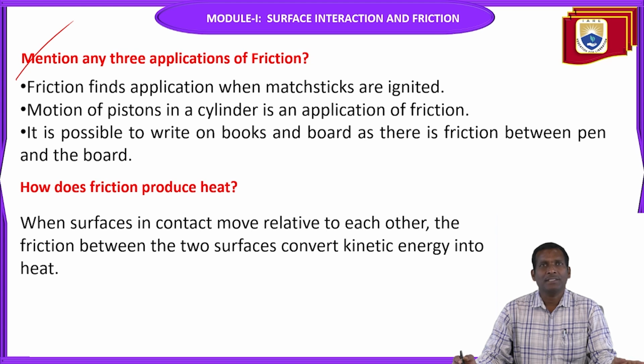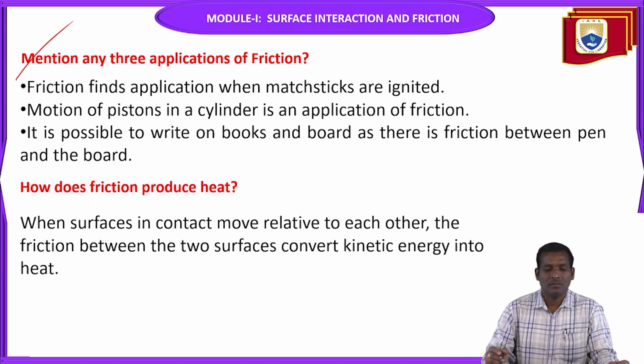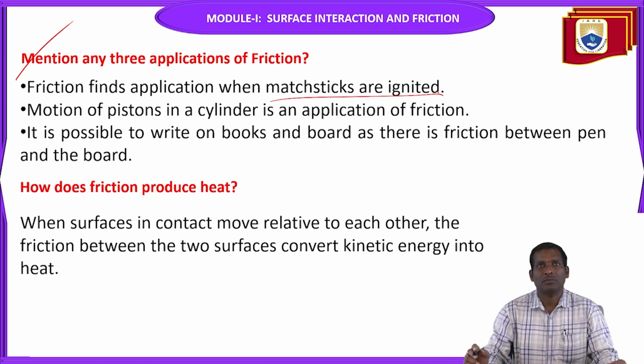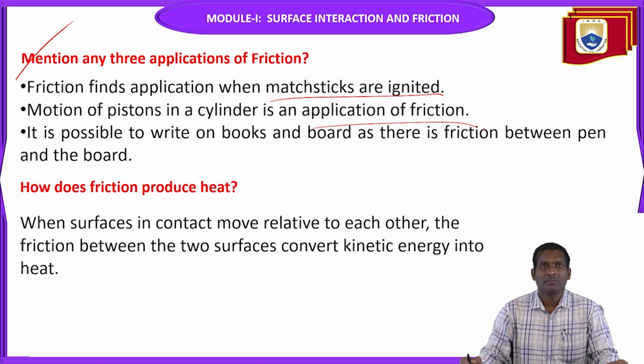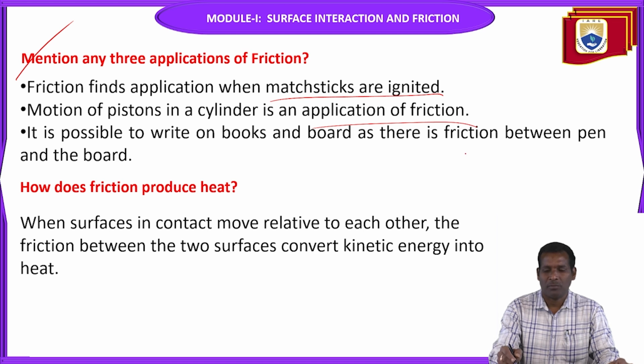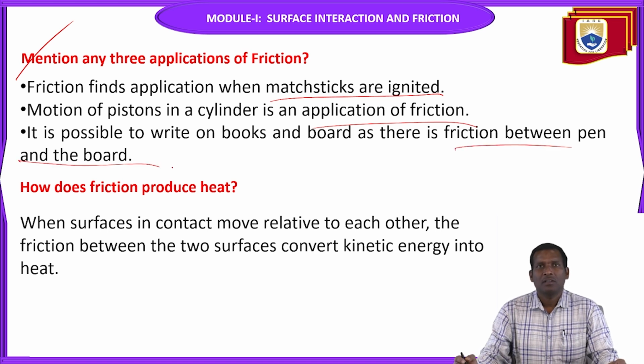The friction finds application when matchsticks are ignited. That is one application, the best example. The motion of pistons in a cylinder is an application of friction, and it is possible to write on books and board as there is friction between the pen and the paper, and the marker and the blackboard.